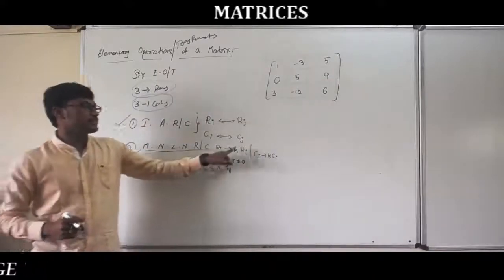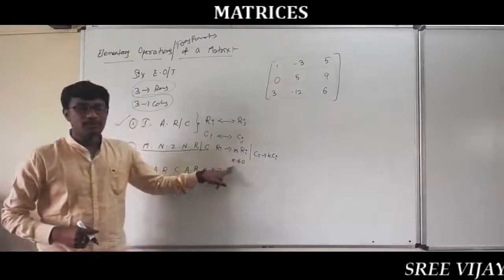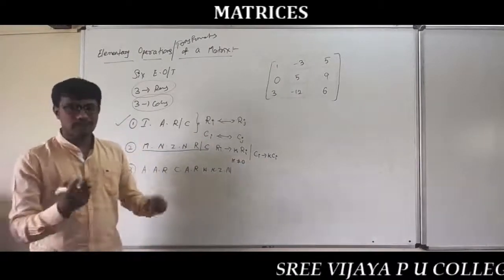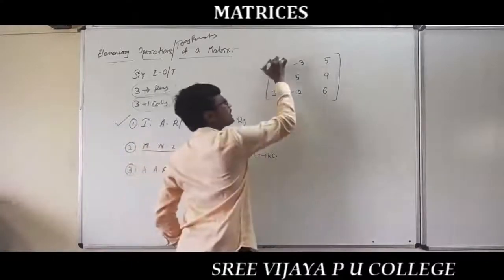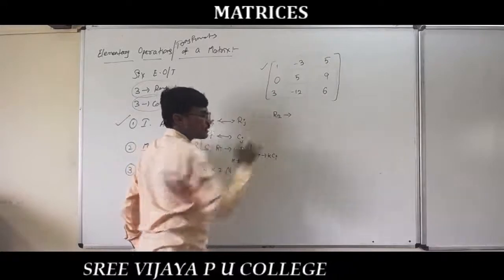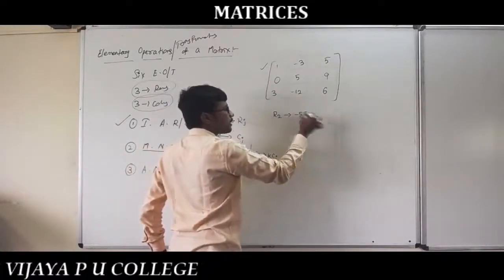That is, Ri changes to k times Ri, and Ci changes to k times Ci. k cannot be 0, meaning only a non-zero real number. For the given matrix, for the second row R2, I can multiply by minus 5 times R2.